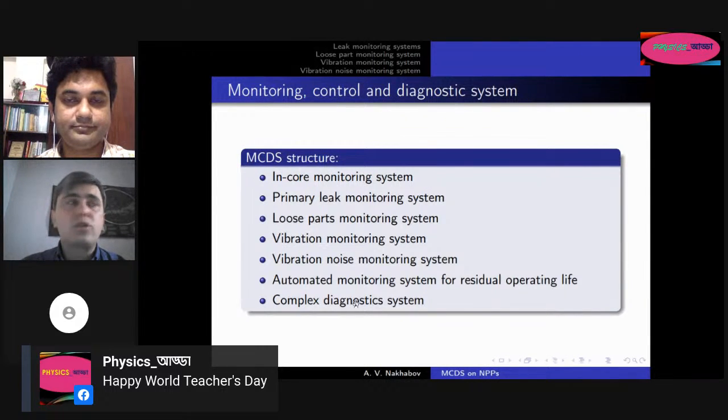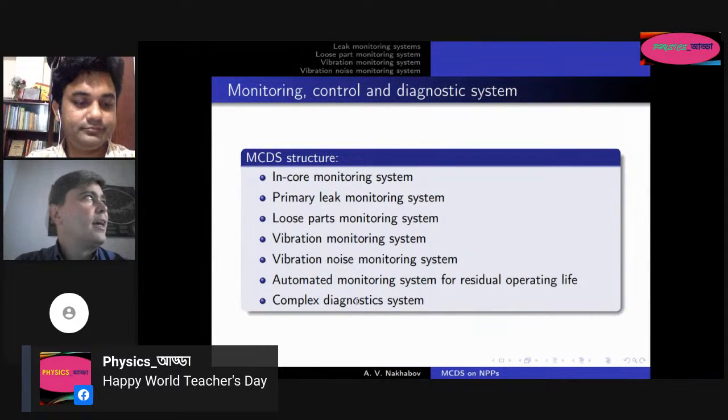All the systems can be considered as a separate block in the overall instrumentation and control system of the nuclear power plant, because in spite of the big size of a nuclear power plant as an enterprise, as a facility, there is one huge uniform information and computerized system to monitor, control, and provide different actions in this object.